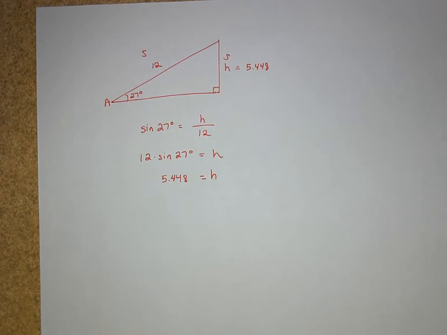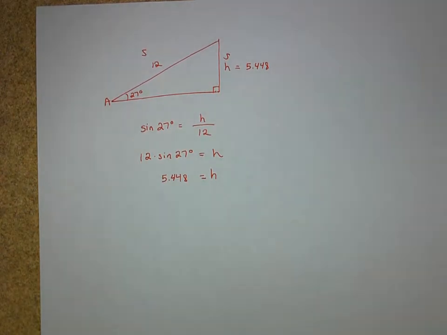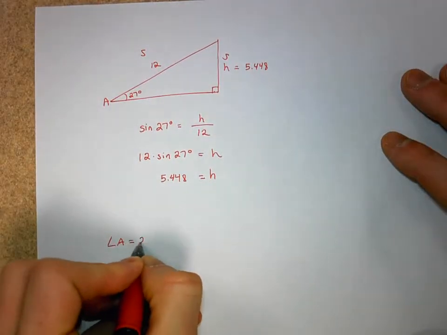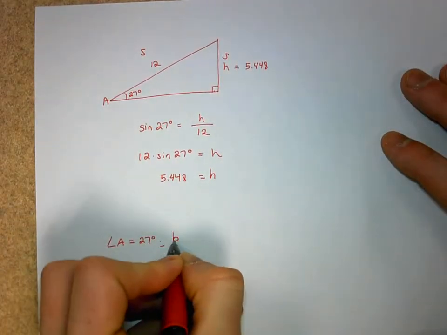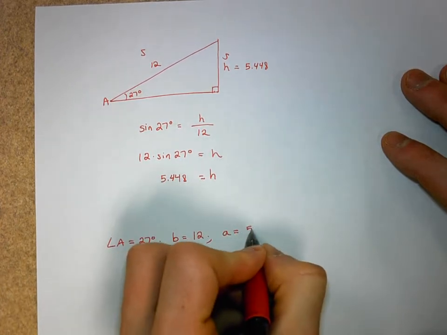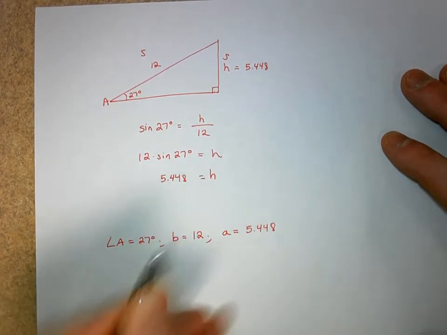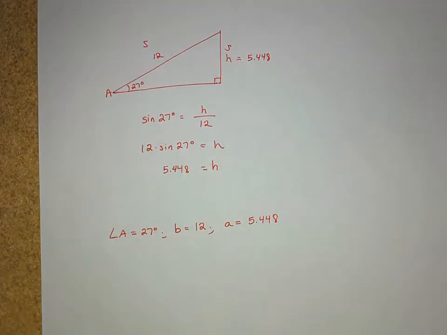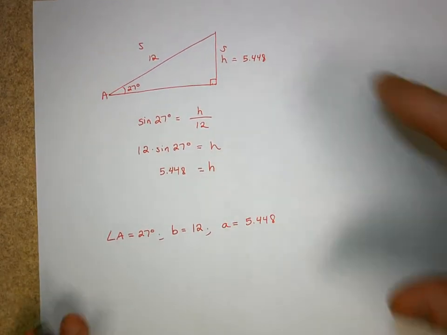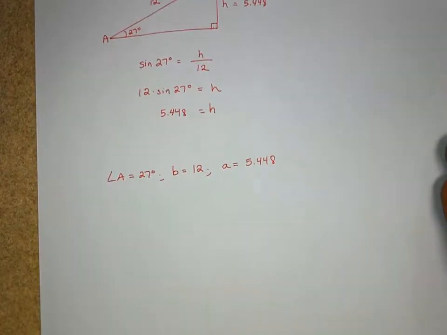What if I said angle A is 27 degrees, side B is 12, and side A is 5.448? Is that going to be a triangle? Of course, I just found it up here, it's the right triangle. So yes, there is a solution.